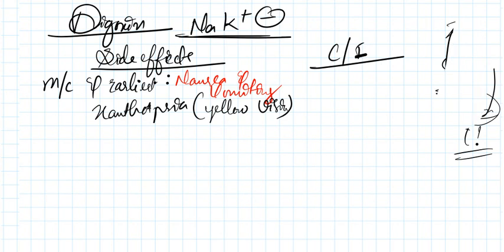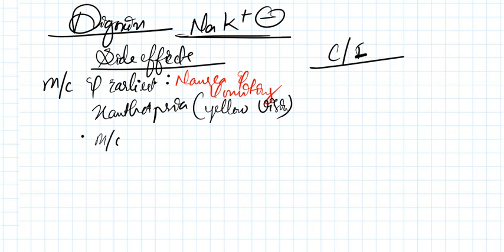And what are the other side effects? It causes hyperkalemia, that is excess potassium levels in the blood, and arrhythmias. But if you ask me what type of arrhythmia is most common, then it is ventricular bigeminy.